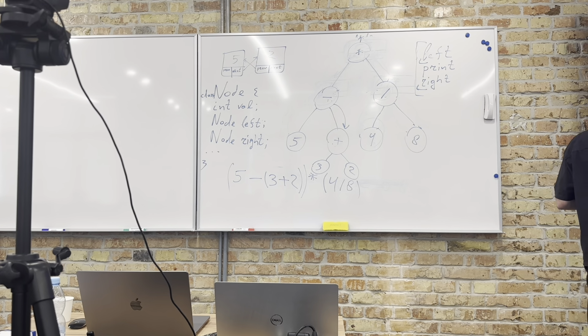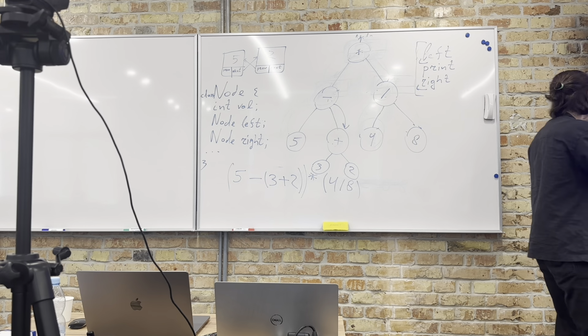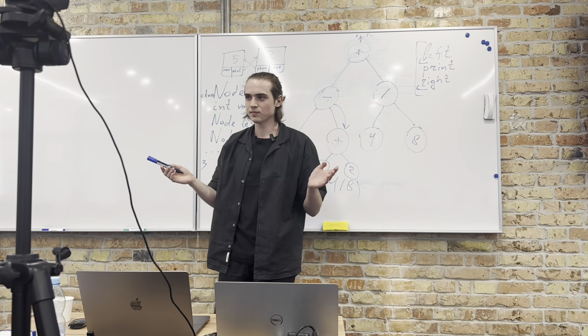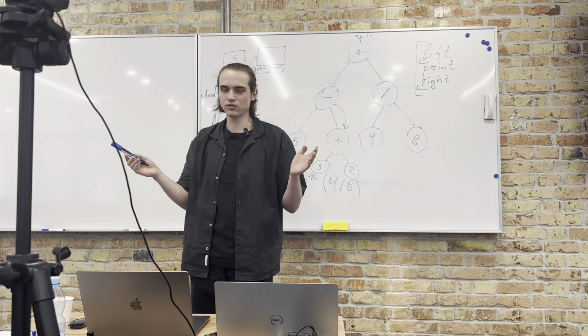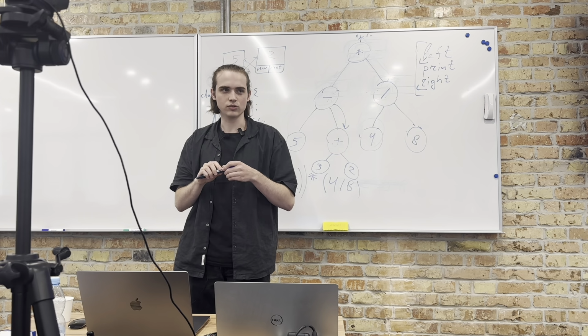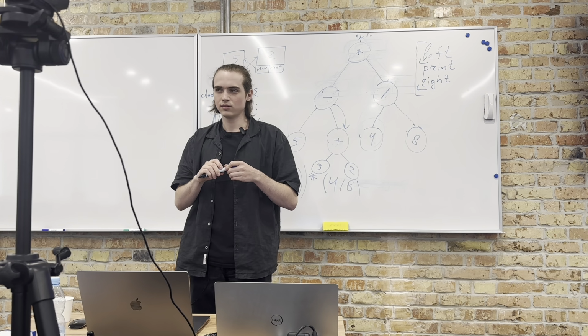Then we print. Then we call it for the right reference, like in this pseudocode. Is it clear? Maybe someone has questions about what I just told.